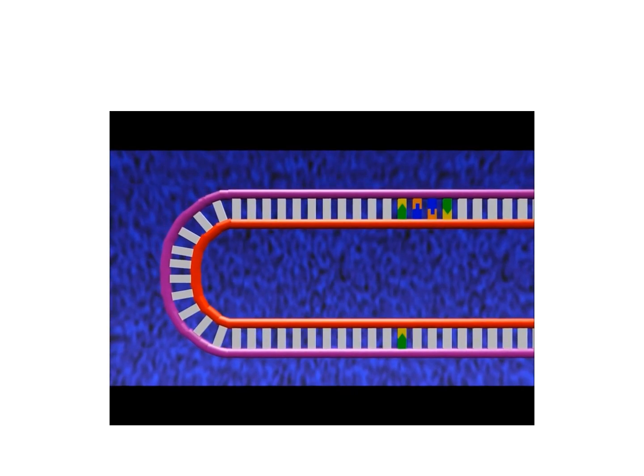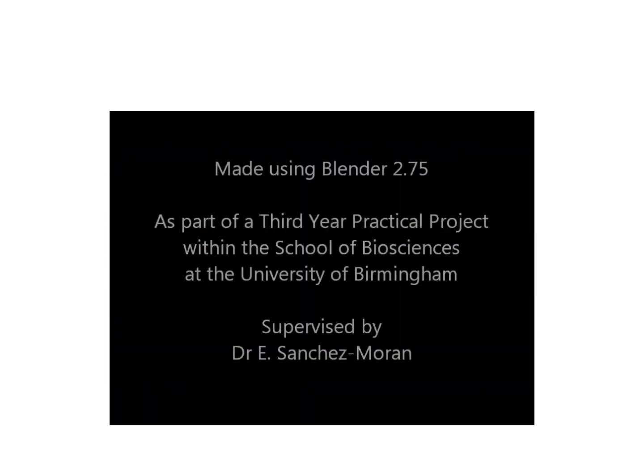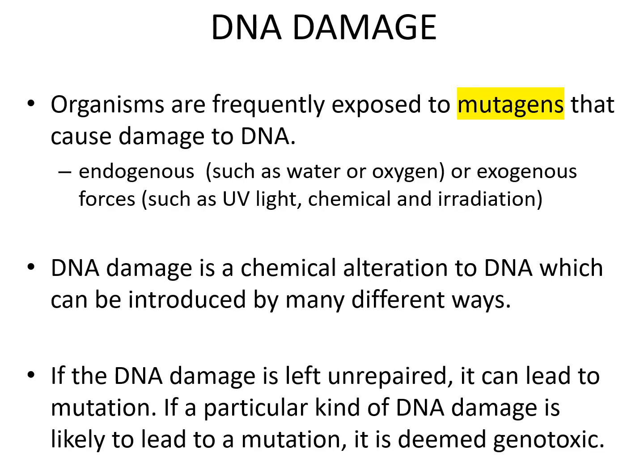So this is the mismatch repair. Now the next section we will discuss is DNA damage. DNA damage can be caused by a physical agent or a chemical reagent. The physical agents and chemical reagents that cause mutation are called mutagens, and include environmental chemicals and ionizing radiation.